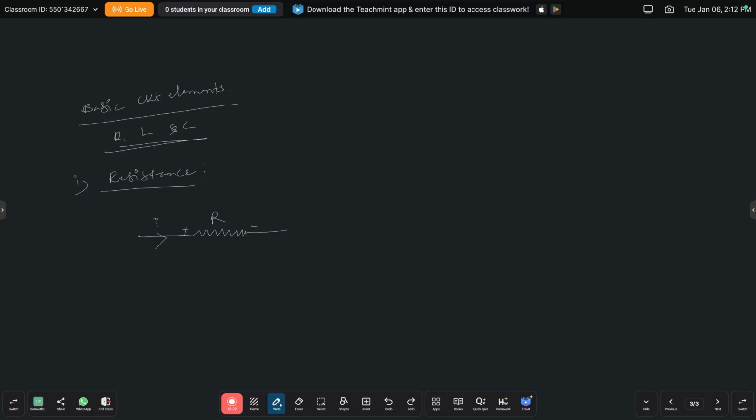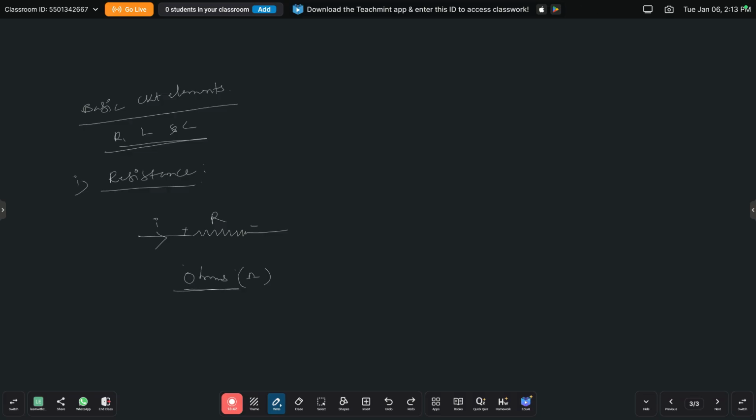The resistance is represented by R, and it is measured in ohms. This is the symbol for ohms.